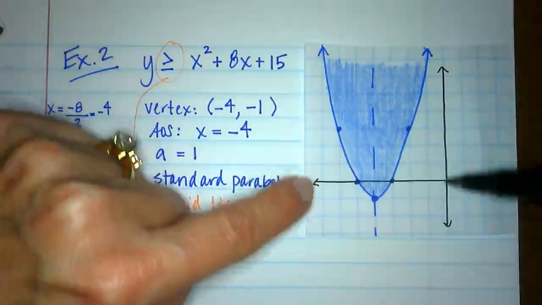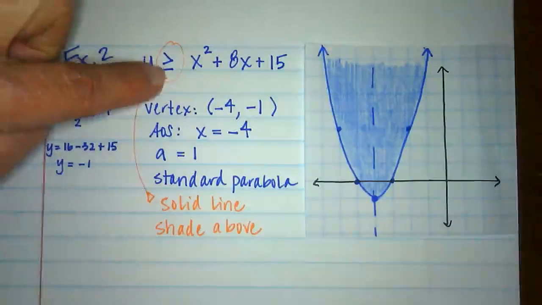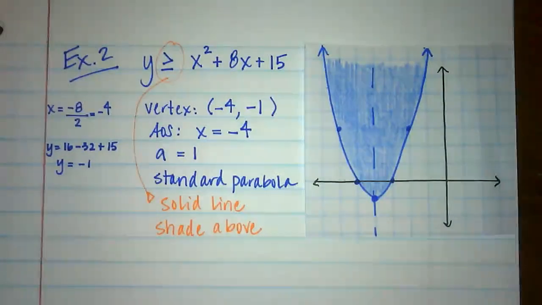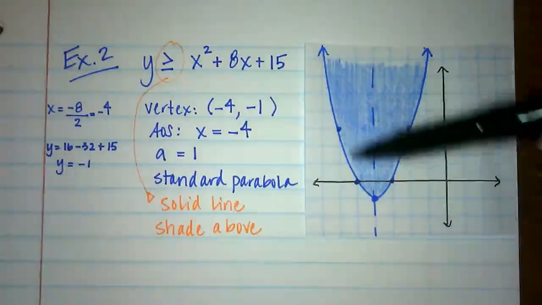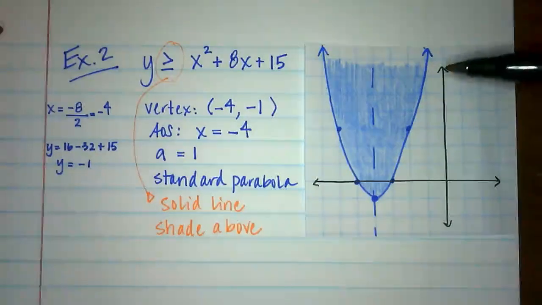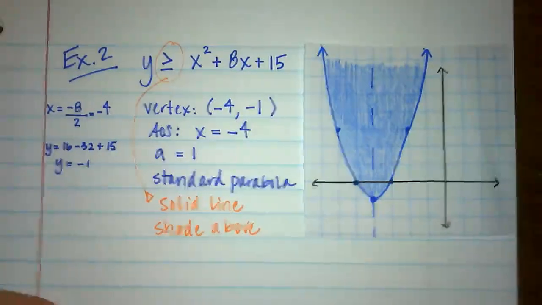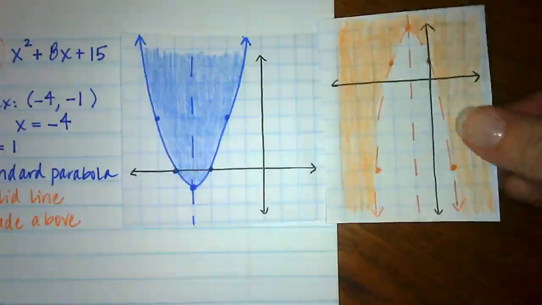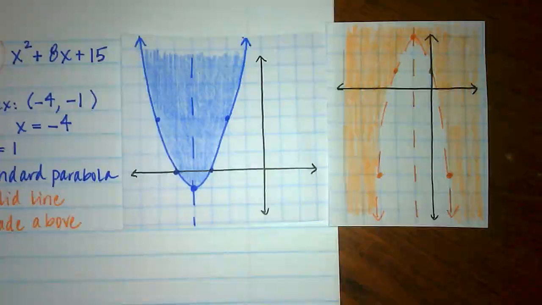If we pick something that's not shaded and fill it in for the x and the y, it's not going to work. And hopefully you remember that if the line is solid, those points are solutions, but when a line is dotted, those are not solutions. So here are two examples of graphing quadratic inequalities.